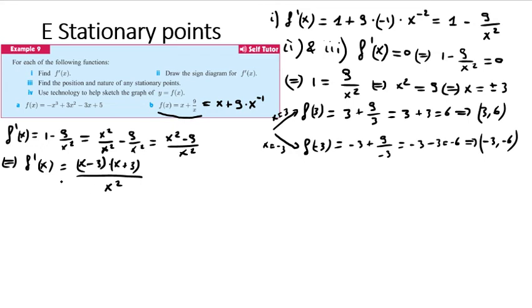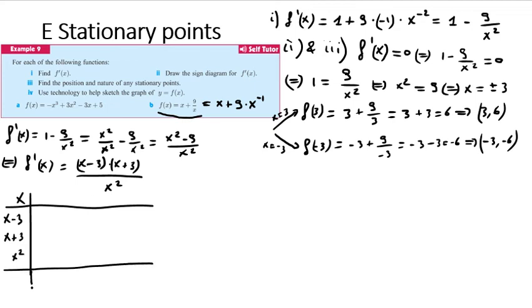Okay, so we have to create the sign table of this. So we have x minus 3 here, x plus 3 there, and x squared there. First we have the derivative of the function, and then we will have the function. Okay, so the critical points are 3, minus 3, and 0. We have minus 3 here, we have 0 here, and we have 3 here.